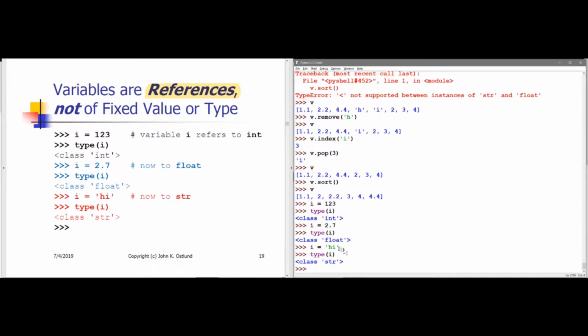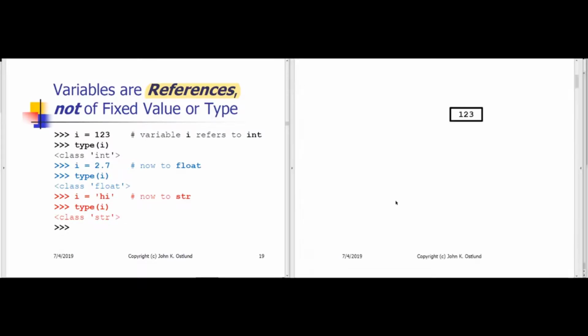If we take a look at what's going on in memory as a result of these assignment statements, it looks like this. We start out with this int value 123. When we assign 123 to I, that creates or reuses the variable name I to refer to that int object in memory, 123.